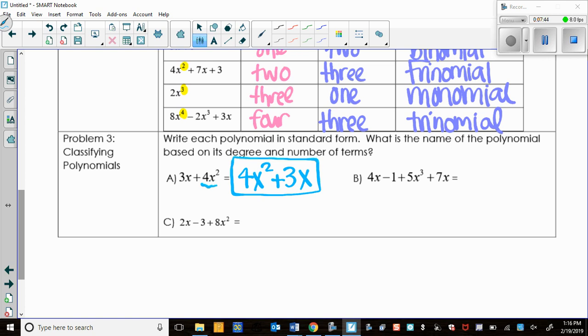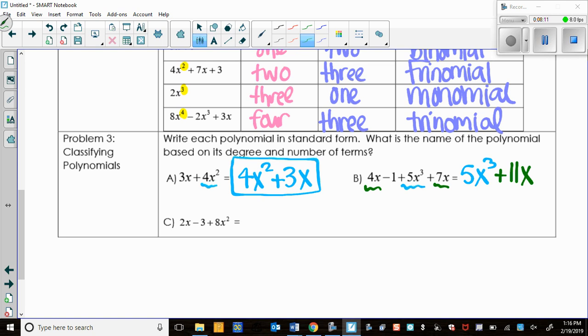The next one, this is a polynomial because I have 4 terms here. My highest degree is 5x to the third power. Then I'm going to try to figure out, okay, what's my next highest degree after x to the third? And that is 4x plus 7x. So this right here is my next one. But I can combine them together, so then it will really be 11x.